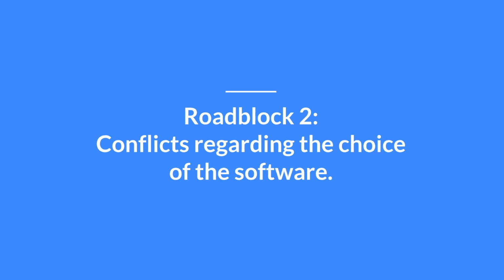The next roadblock, number 2, is conflicts regarding the choice of the software. We've addressed that by giving a list of all the systems and providing a clear chart of which system has each feature and which doesn't, along with the price, so that we have a clear understanding of which system would be the best for the company, and we do that during the first meeting.